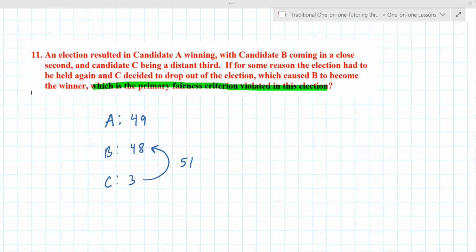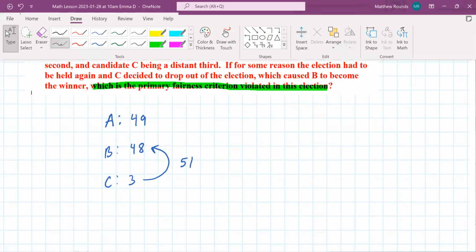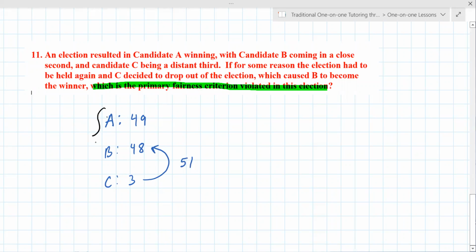And I guess one would be, okay, I think I found it in the notes. To me, it's the fact that A won with the majority. That would be my guess, because A winning doesn't matter what C does.